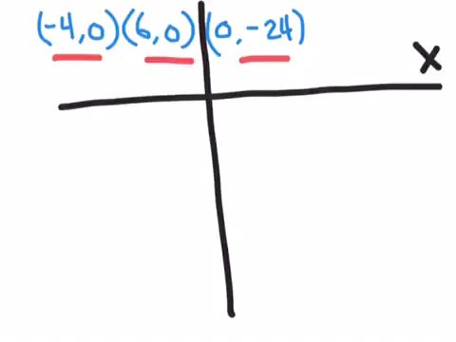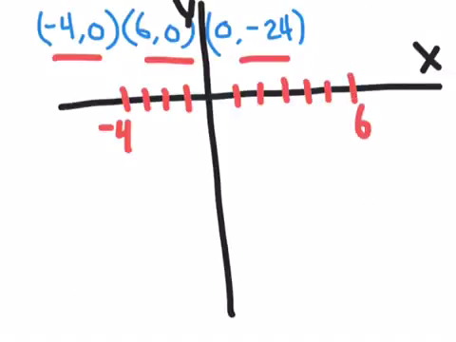There's the x-axis and the y-axis, and we're going to have a point at negative 4, and we have a point at 6, and then we're going to have a point way down here. I'm just going to pretend, because I don't have enough room, that that is negative 24.